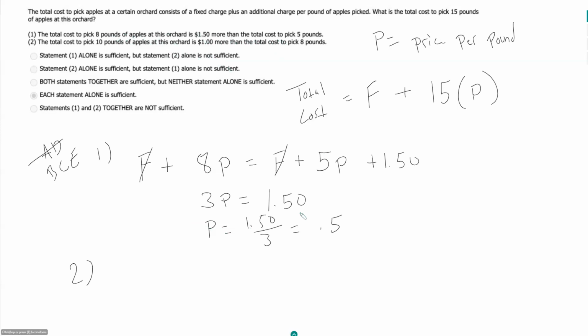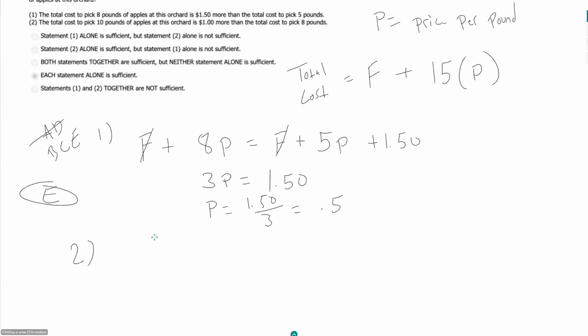So if all this does is give me my price per pound, and remember, the price per pound doesn't change either. What changes is the number of pounds that someone picks. So if this is just going to give me the same information as my first statement, in all likelihood, the answer is going to be E. Let's look at it and actually confirm if this is true or not.